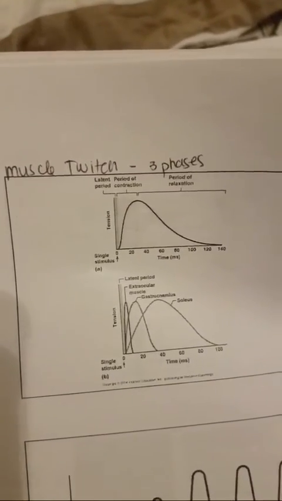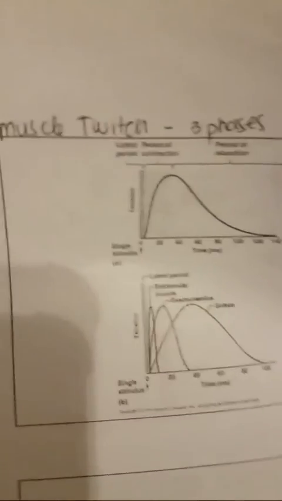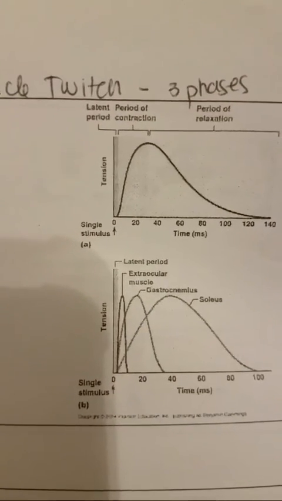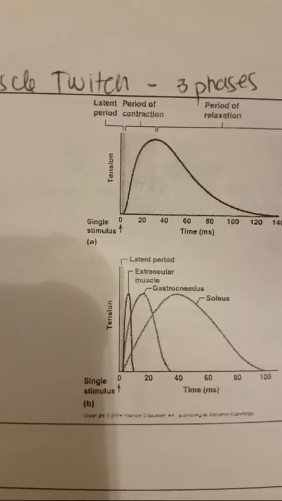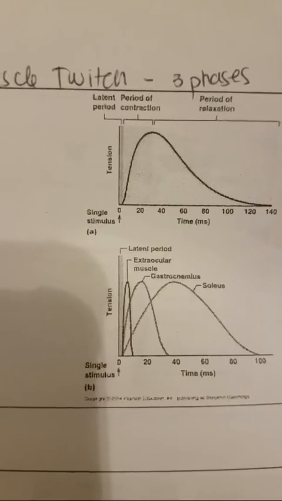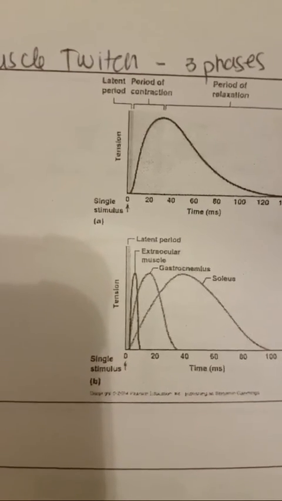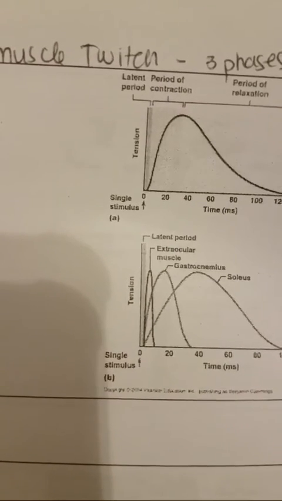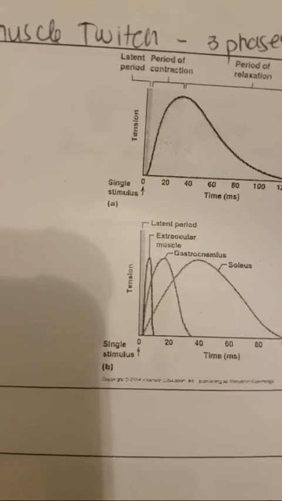muscle twitch, 3 phases. Latent period, period of contraction, period of relaxation. So latent, extraocular muscle, gastrocnemius, soleus.